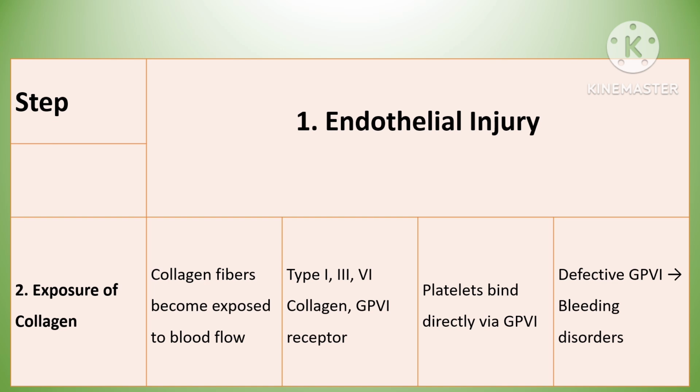Blood vessels have collagen type 1, type 3 and type 6, and these collagens are usually hidden beneath the endothelium. But after an injury, collagen fibers are exposed. The collagen fibers provide a sticky surface which promotes platelet attachment. Platelets have a specific receptor for that, glycoprotein 6, that directly binds to collagen.